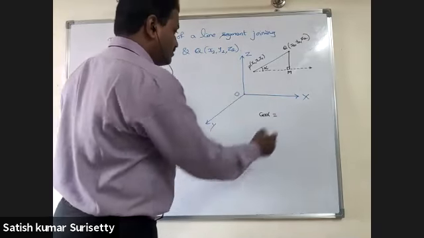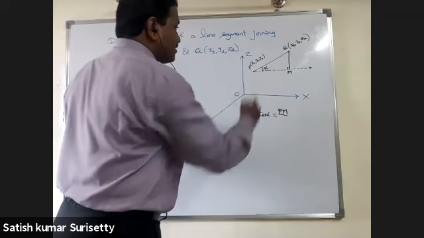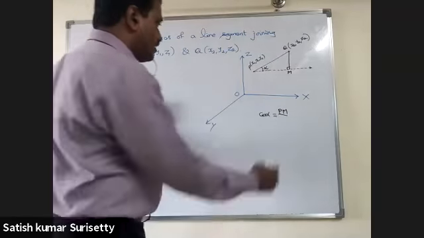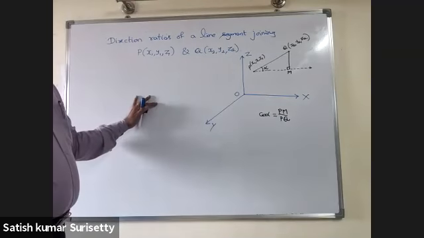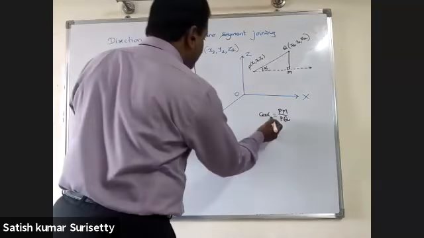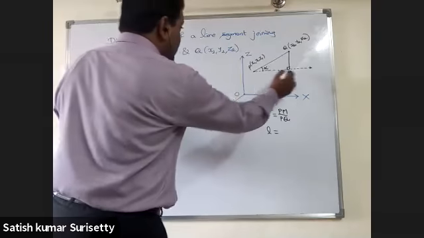What is cos alpha? PM upon what? PQ length. Now, cos alpha, notation is L, equal to, what is PM length?